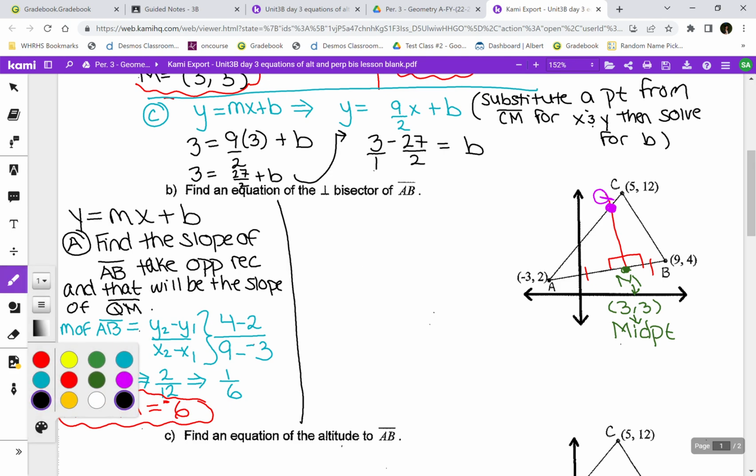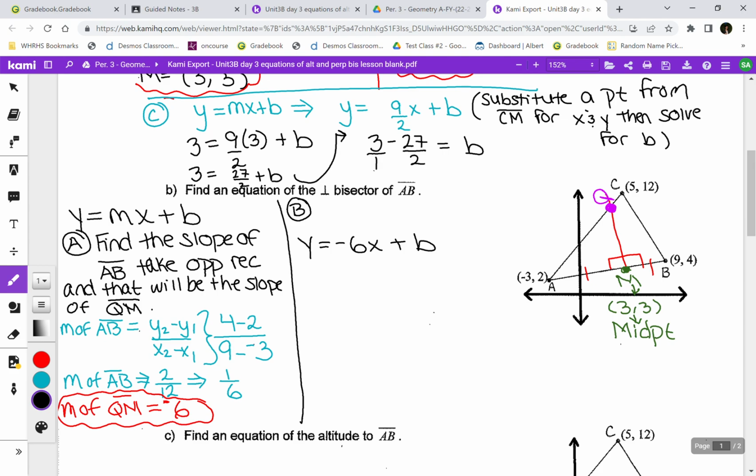Okay, so now going on to part B, we have y equals -6x plus b. Is that good enough? No. I still need a value for b. So what am I going to do? Go to line QM, and what is my only option to plug in now?